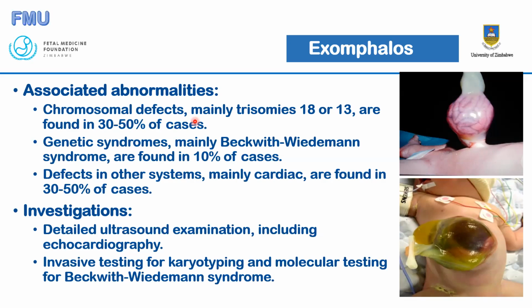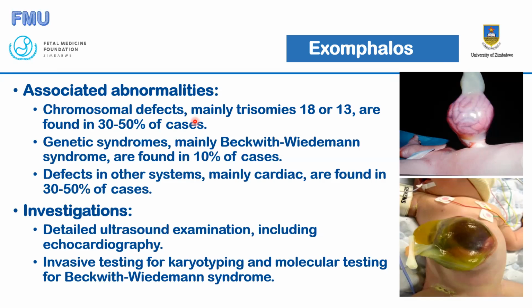Then genetic syndromes, mainly Beckwith-Wiedemann syndrome, are found in about 10% of the cases. So we need to look for evidence of overgrowth, the hepatomegaly and so forth, the face, to try and pick up the Beckwith-Wiedemann syndrome. Then defects in other systems are normally associated with this condition, like cardiac defects, which are found in almost up to half of the cases.